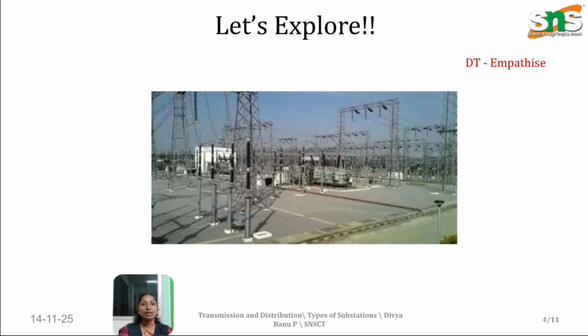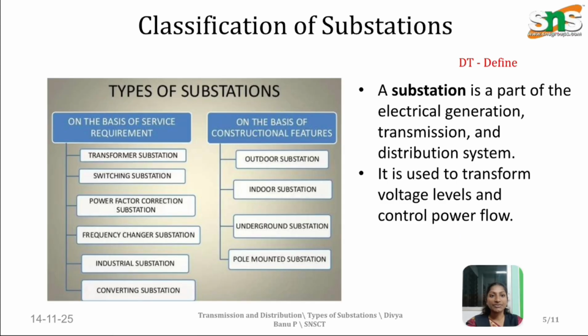So let's explore the substation. We all might have seen a substation, which consists of transformers, protection devices, and grounding systems. So coming to the classification of substations, we are going to discuss the service requirements and the constructional features.